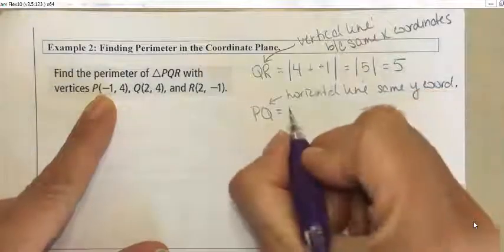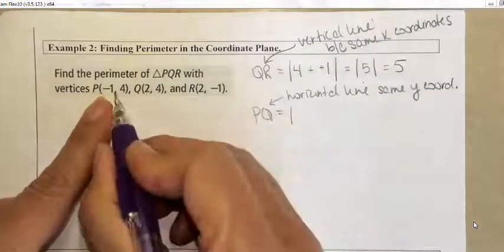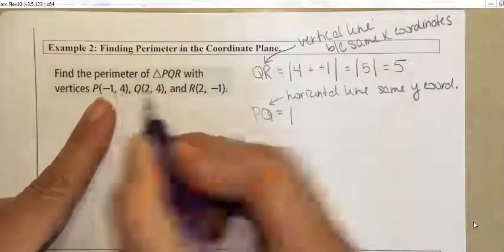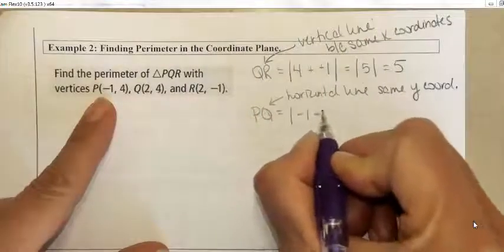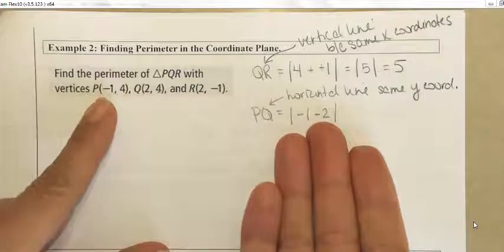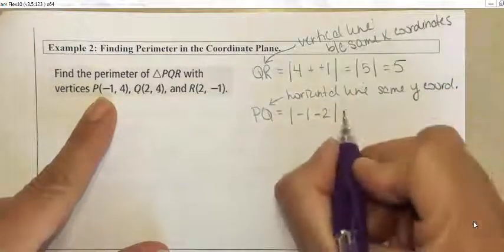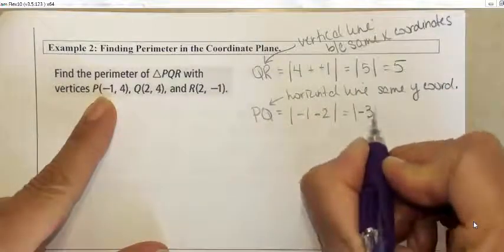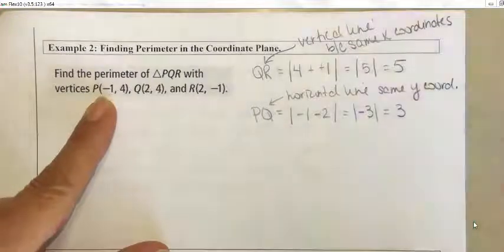So to find the length of PQ, all I have to do is subtract the x coordinates. So we'll do negative 1 minus 2. Order doesn't matter because even if it's negative, it's going to become positive because we're using absolute value. So that's an absolute value of negative 3, or in other words, 3.